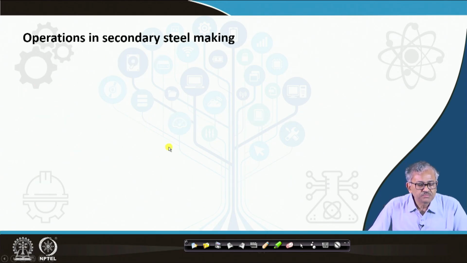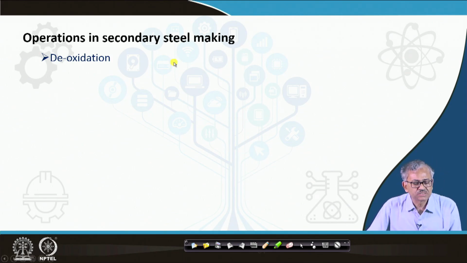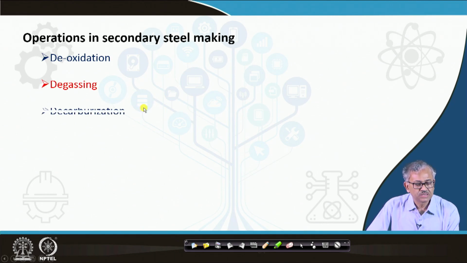Okay, now there are various operations in secondary steel making. The de-oxidation is also carried out in secondary steel making. When you tap the liquid steel, you can do that, or otherwise you can do the de-oxidation after taking the ladle to the ladle furnace, or there are several stations where you can do the deep de-oxidation. Then you can do the degassing under vacuum in secondary steel making.